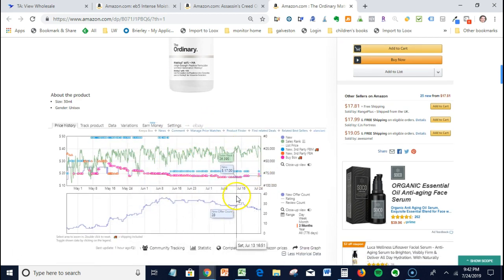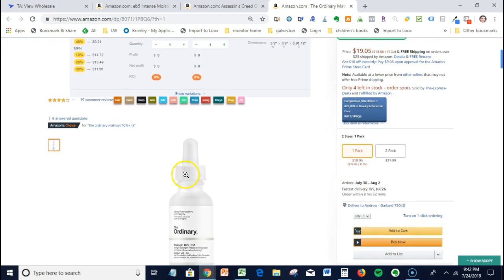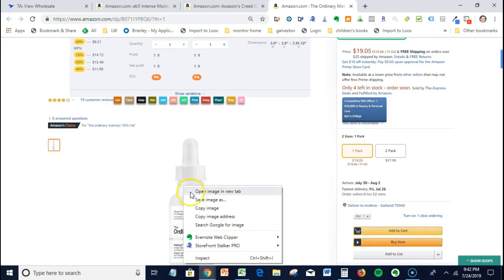And right now it's looking like the number of sellers has actually declined a little bit, which is good. The sales rank is pretty consistent. The price has been kind of in a decline over time, but it's been pretty stable at least the last couple months.